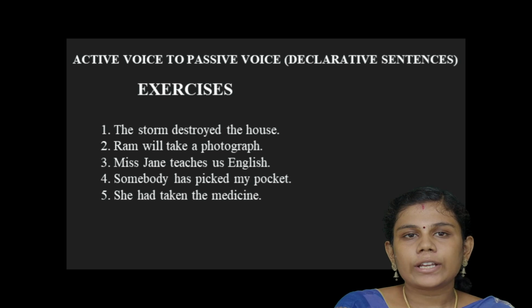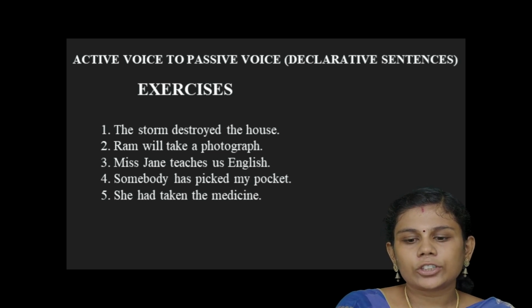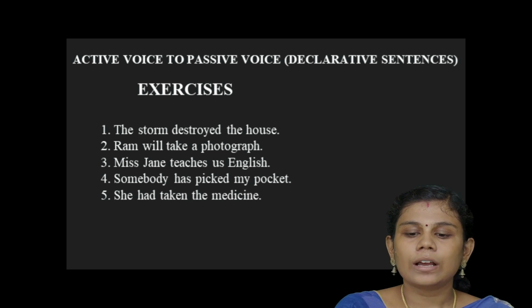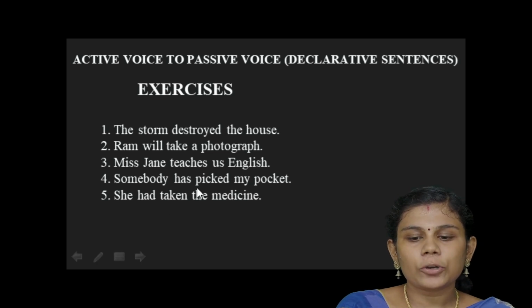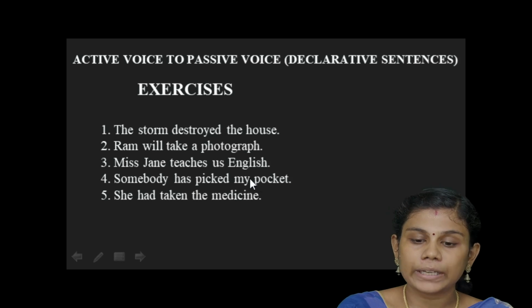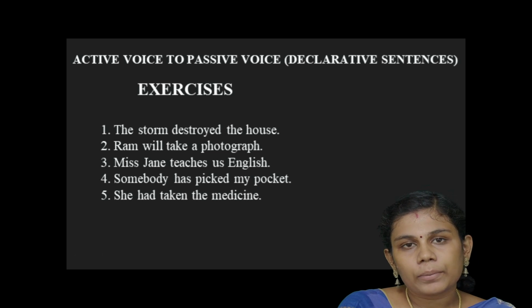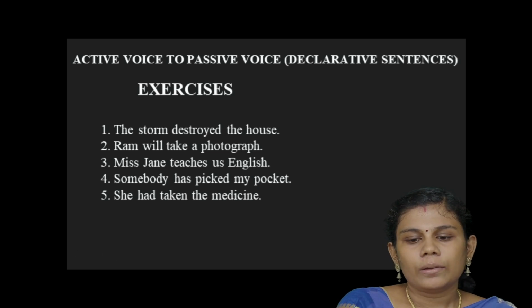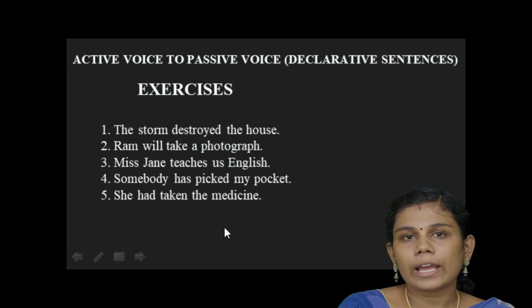So when we change that into passive voice, we must concentrate on the action only. So my pocket, this has picked can be changed into my pocket has been picked by somebody. You can add by somebody or else you need not add that. But in this sentence our main concentration is on the action.